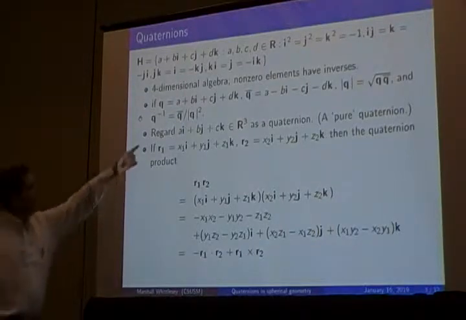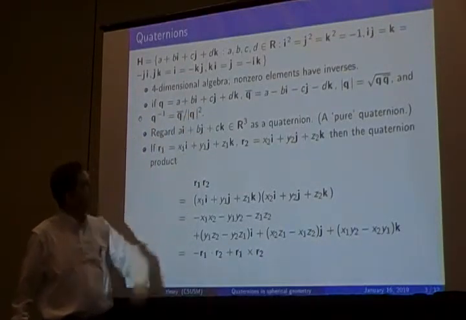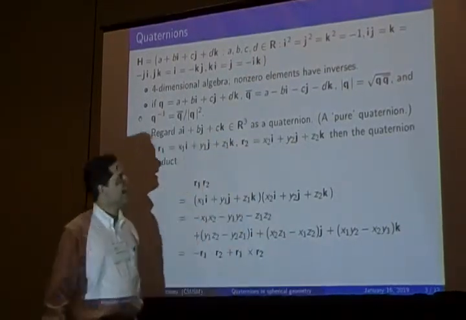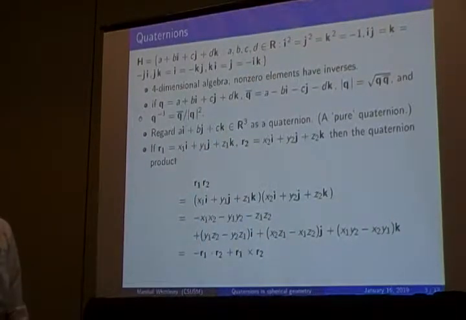If you have a quaternion a plus bi plus cj plus dk, its conjugate is what you get when you negate all the terms involving i, j, and k. The construction of that does the same thing as it does with complex numbers. It gives you an avenue to the so-called inverse. Q inverse is the conjugate divided by the square of the norm, just as it is for complex numbers.